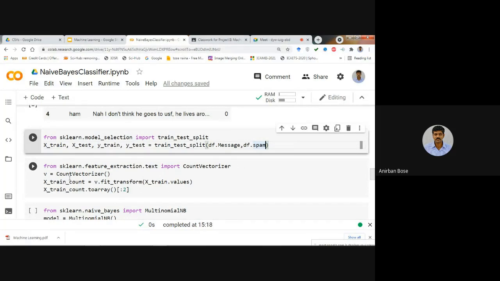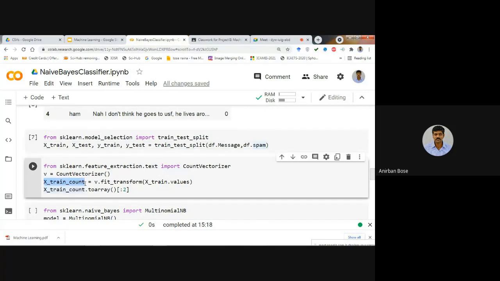Okay, so this CountVectorizer, you give it some name, say v, then v.fit_transform, or only transform you can write also. So fit_transform X_train.values. If you do that, then this X_train_count matrix will be generated. So it will generate that particular matrix corresponding to the count of each and every word.